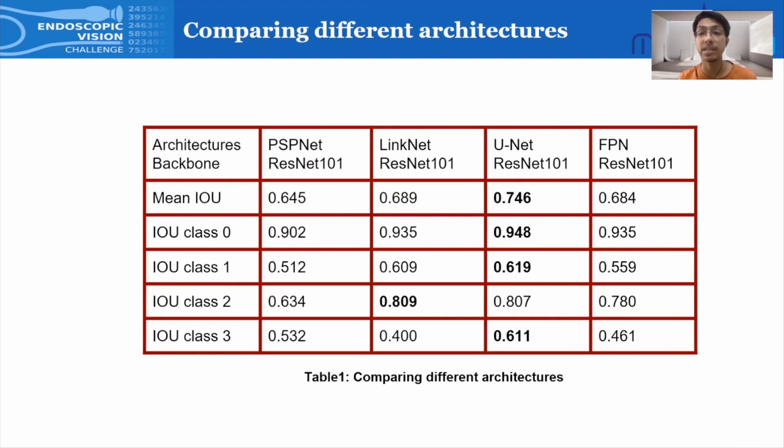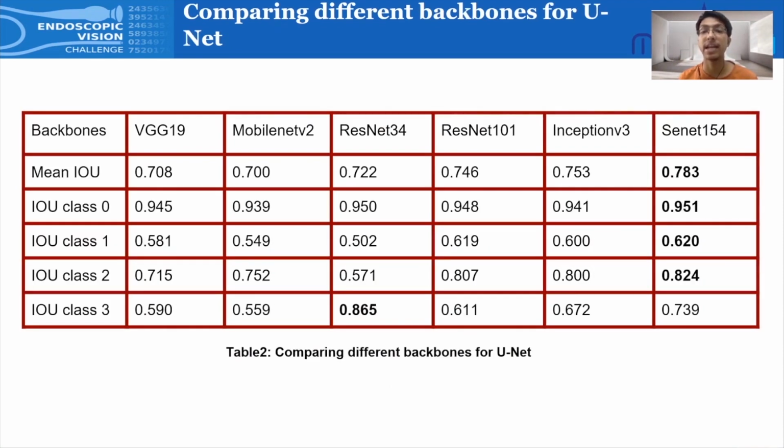Among these, UNet achieved the highest IOU among 3 out of 4 classes and got the highest mean IOU among these models. We then analyzed different backbones for UNet. This involved VGG19, MobileNet V2, ResNet 34, ResNet 101, Inception V3, and SENet 154. Among these, SENet 154 achieved the highest IOU among class 0, class 1, and class 2 and got the highest mean IOU.